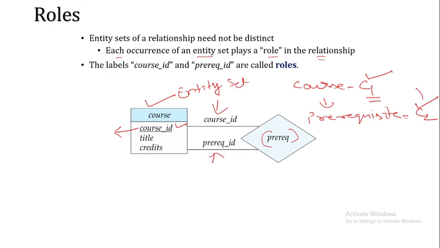Then only can he take C1. So this provides a role for course ID whenever we are choosing a particular course inside an organization. So the labels course ID and prerequisite are called the roles associated with a particular entity set. Whenever you are defining an entity set, implicitly some roles are associated with that particular entity set.